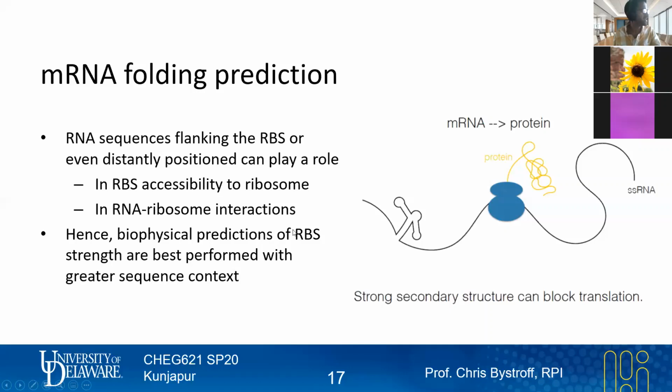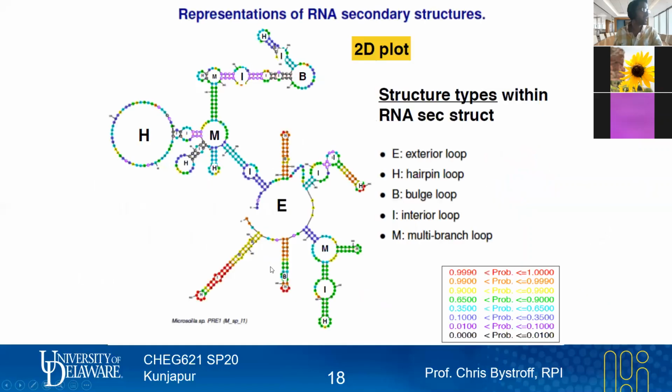So in general, though, as we come back to the RBS calculator and focus just on the RBS for now, you want to provide any kind of calculator or manual approach that you might be taking to calculate RBS strength with some sequence context besides just the 7 or so nucleotides that are in the Shine-Dalgarno sequence. And so here's a visualization.